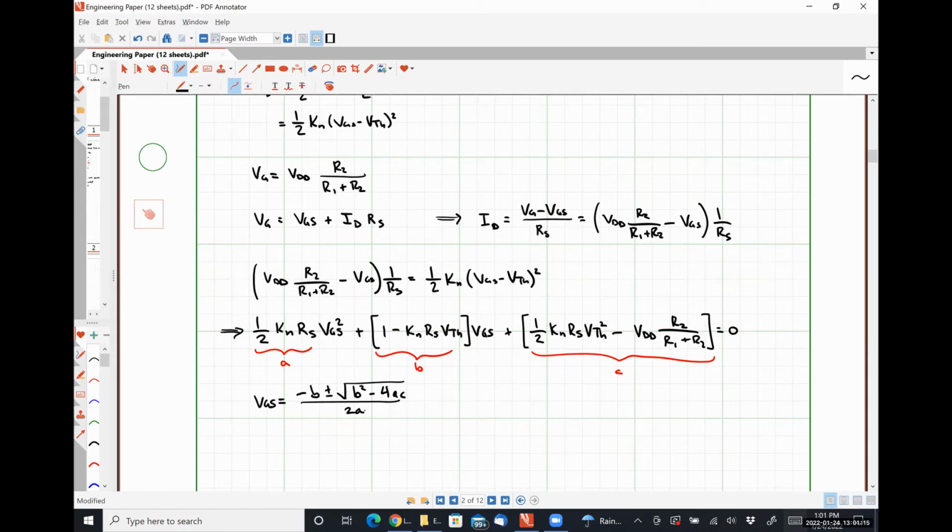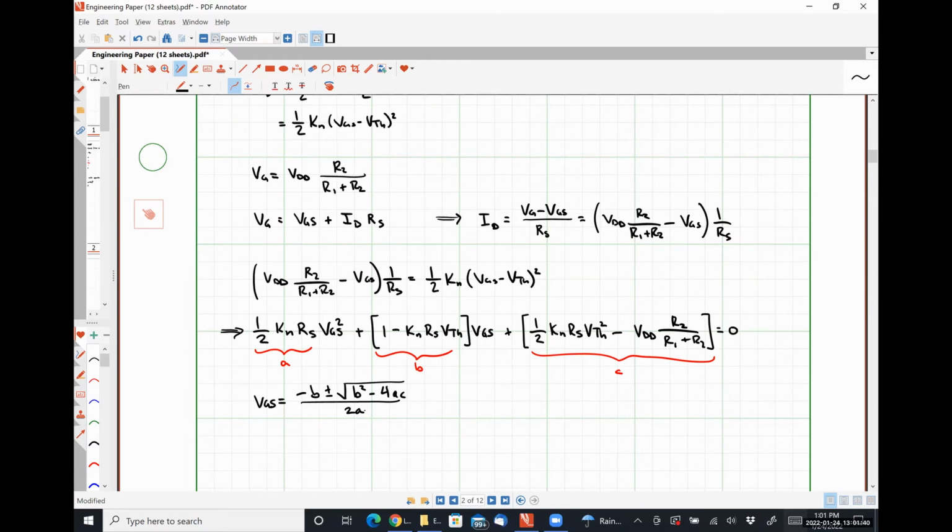And so negative B is going to be a positive quantity, okay? So we're going to have some positive quantity plus or minus this guy right here, okay? B squared has to be a positive quantity. A has to be a positive quantity.